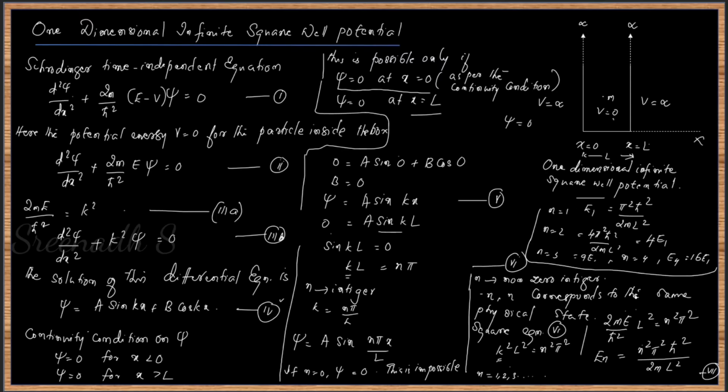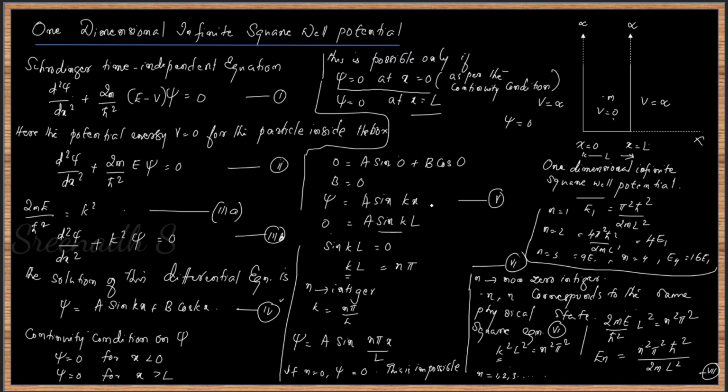Now we go on to find the wave function. We have seen that the wave function has the form psi is equal to A sin kx after applying the boundary conditions. Now we are going to check whether this function can be used as a wave function to represent the particle inside the box.